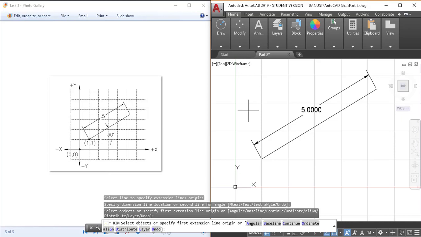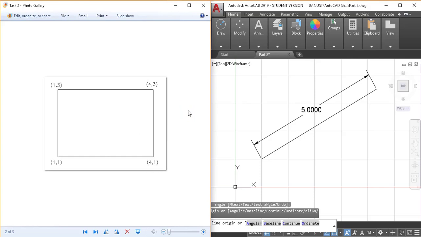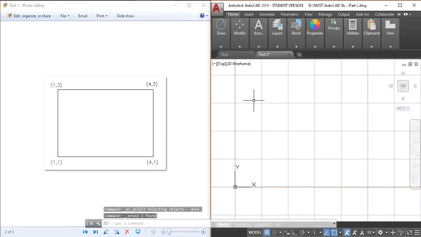So now we move to the ortho mode. What is ortho mode? In order to understand the ortho mode, we have to do this example once again.